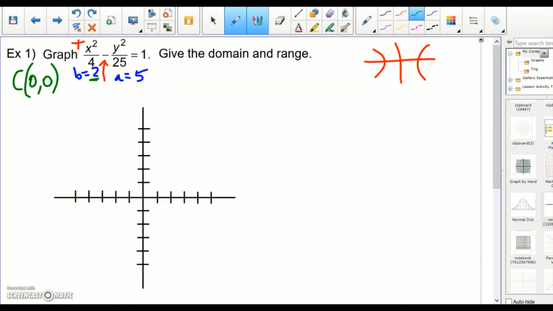I don't need to graph the center because technically that's not part of the graph. We just want the curved part. So we go over from the center 2 in the x direction, and those are going to be my vertices. But we also would need to go 5 in the y direction.